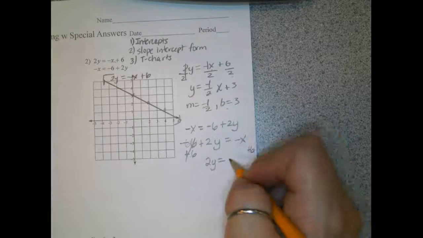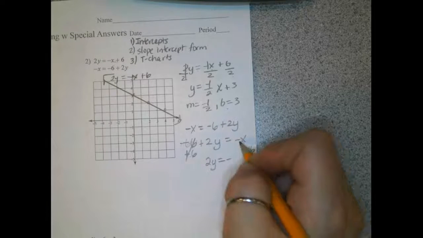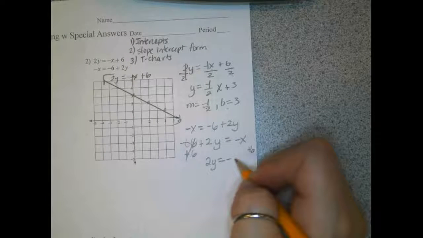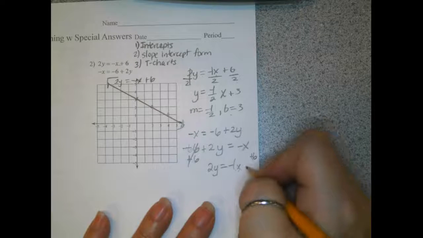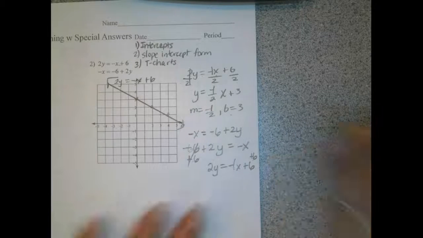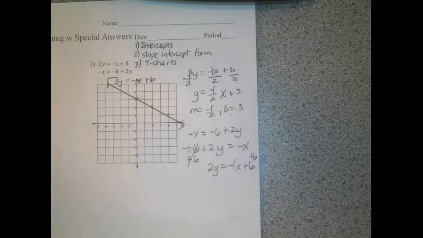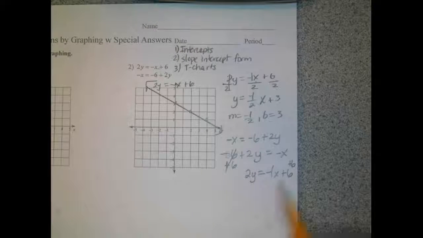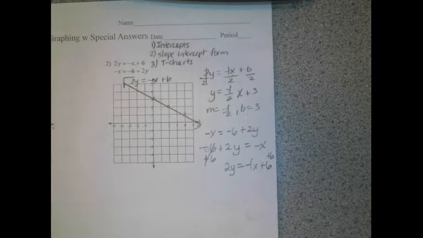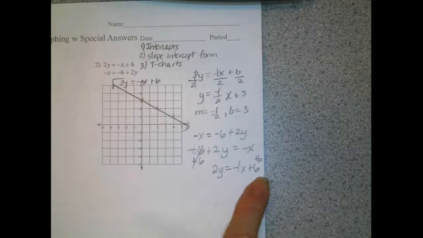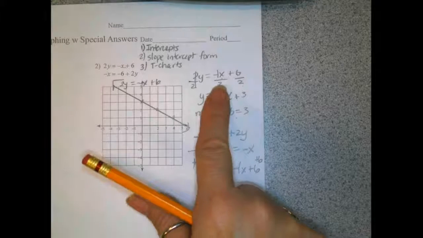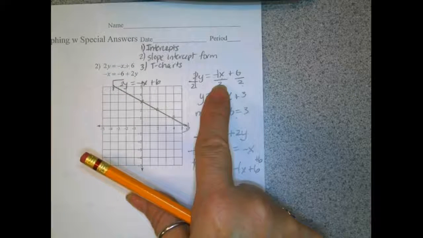I'm going to bring down my negative x, but what's really in front of that x? 1. So I'm going to bring 1x. And then a plus 6. All right? So following my list again, now I have 2y equals negative 1x plus 6, and it actually looks a lot like that problem, doesn't it?